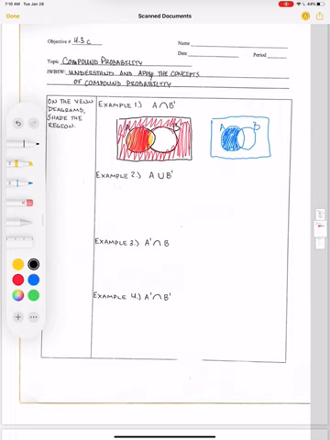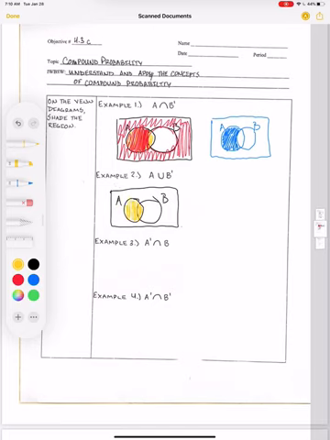Okay, again with example 2, I have A union of not B. So again, we're going to start by filling in A, because we know where that is. That's just the circle that has A in it.